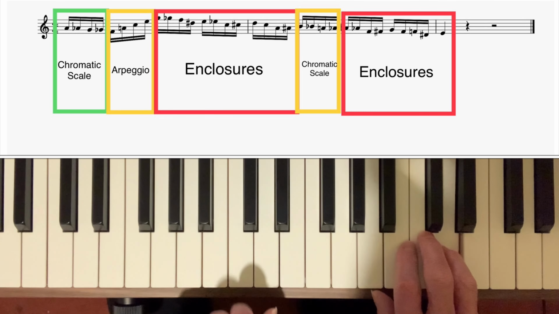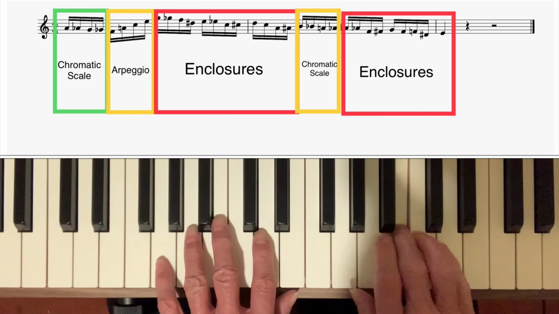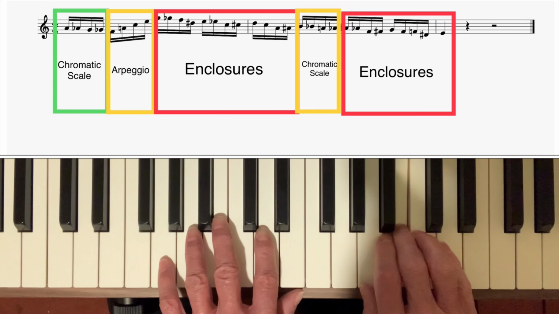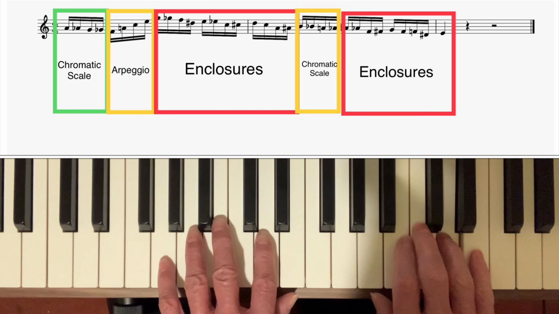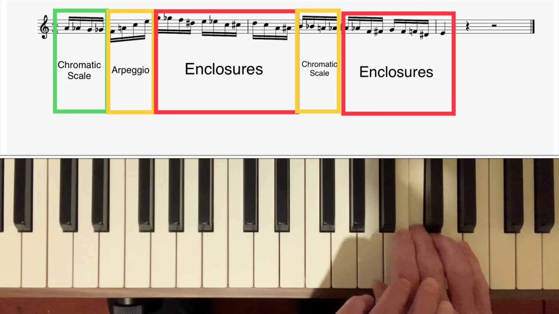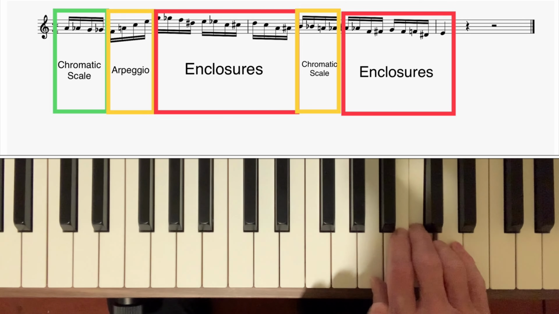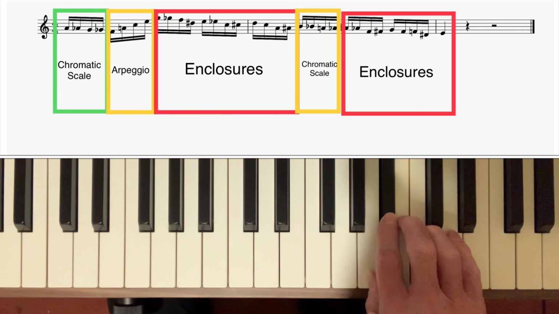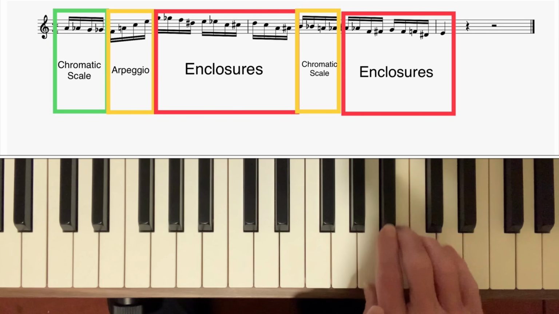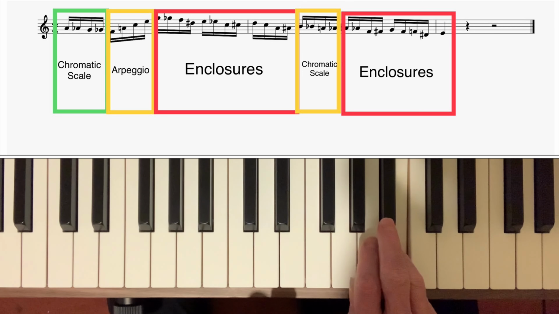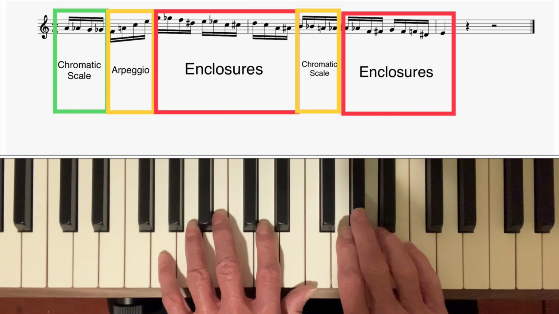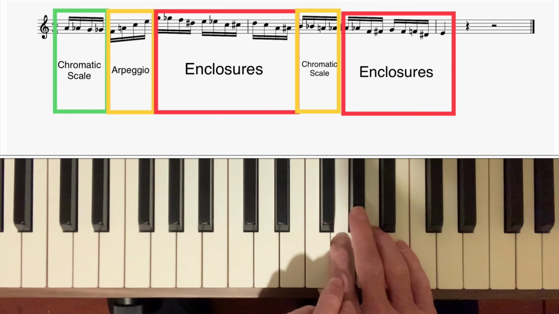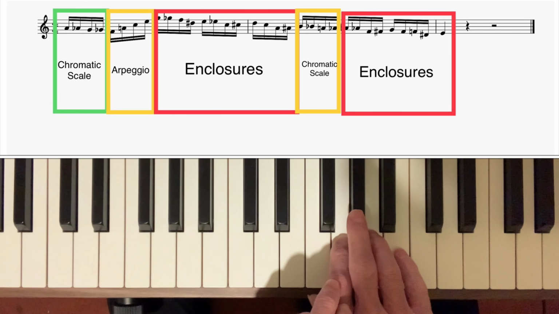At that point, I focused on landing on the note B, the 3rd of G7 on beat 2. And so to do that, I did another enclosure. I went from the D to the C, that's the diatonic note just above B, down to A, the diatonic note below it, and then up with a chromatic note A sharp, so that I landed on B. I then played a bit of a chromatic scale, as though I was going to land on G, but instead I did a little U-turn there.